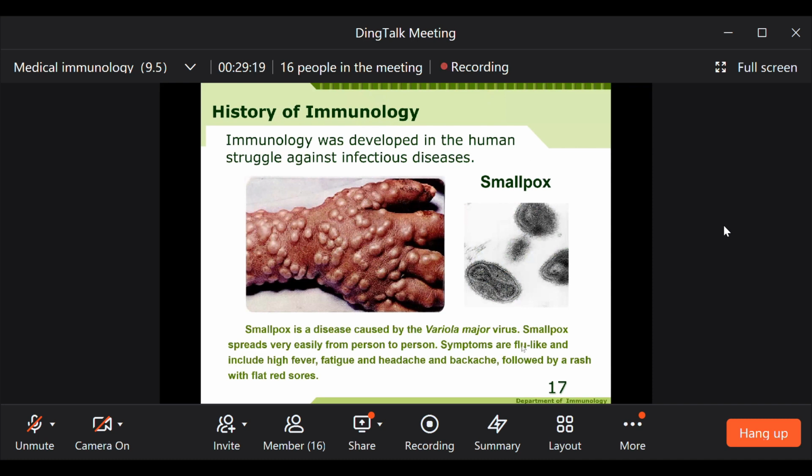Smallpox is a disease caused by a virus. Smallpox spreads very easily from person to person, and the symptoms are flu-like, including high fever, fatigue, headache and backache, followed by a rash with flat red spots.